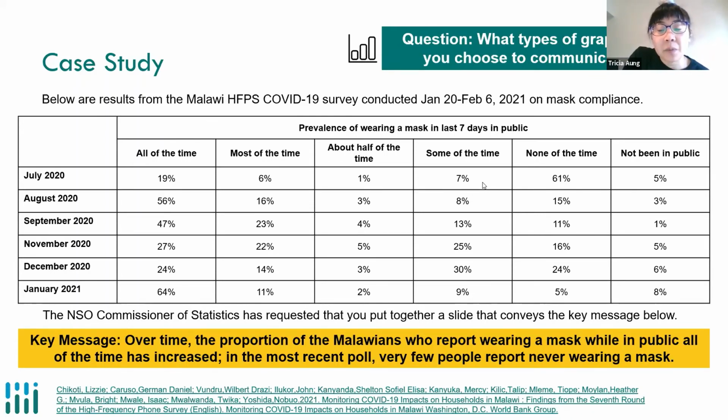Another question that's come in related to this is how to represent graphs on sensitive issues, like wearing a mask. For the purposes of this exercise, we had specified wanting to emphasize wearing a mask versus not wearing a mask, because that is what we had decided we wanted you to convey.